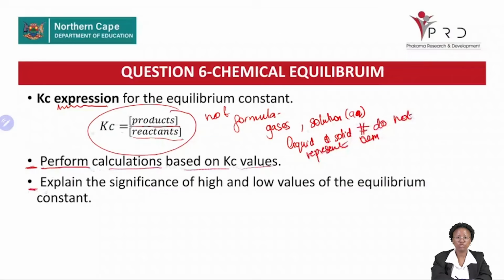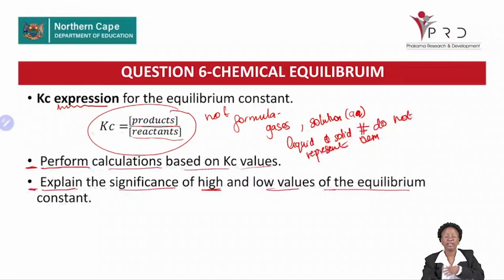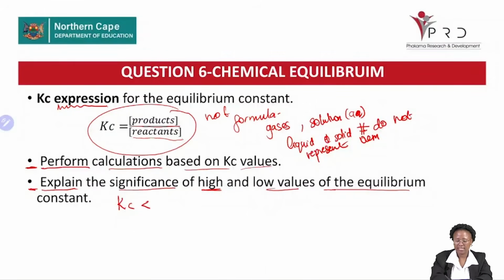Right. The next thing that you need to be able to do is to explain the significance of high and low Kc values of the equilibrium. What do higher or lower Kc values mean? The first thing you need to know is that if Kc is less than 1, it means that you have more reactants than products.